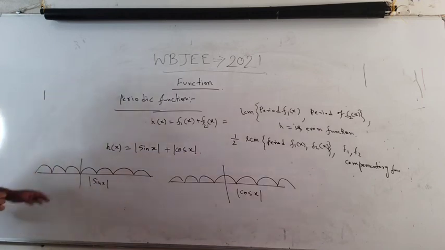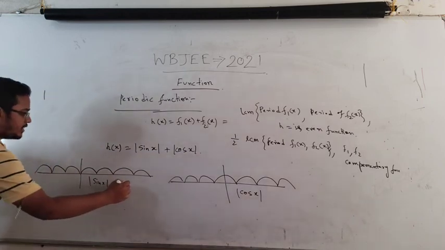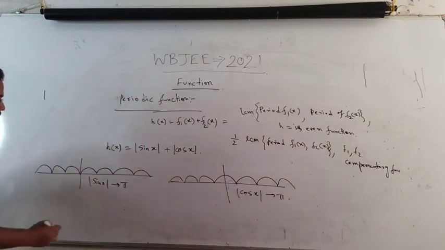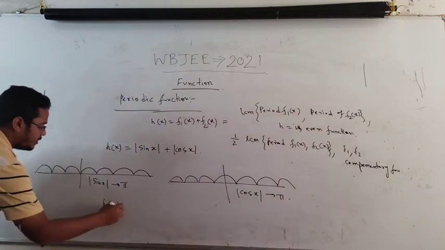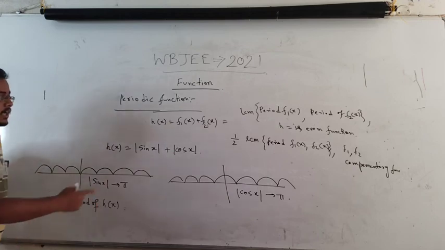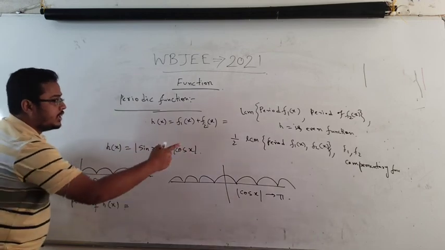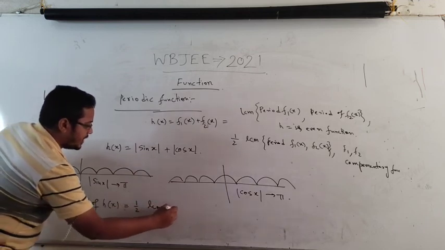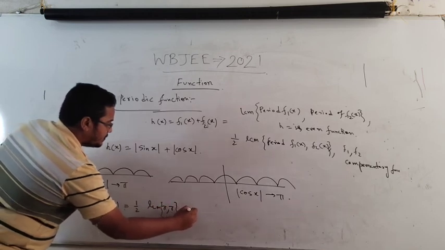So their periods are π. The periods are π, and it has also period π. So the period of h(x) will be half of the LCM of the periods of f1 and f2, half of the LCM of π and π, this is π/2.